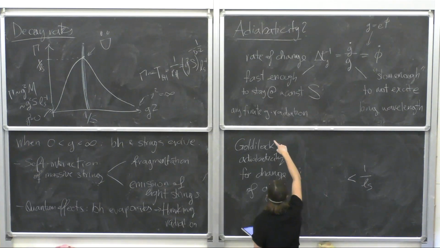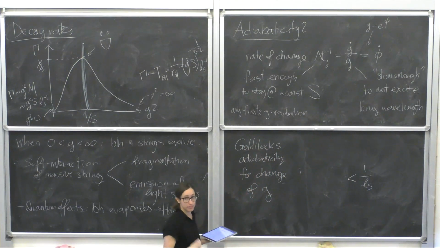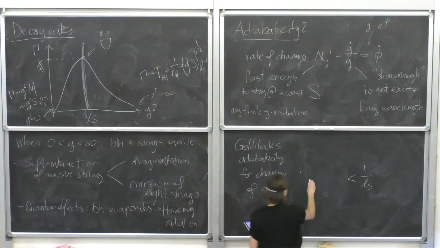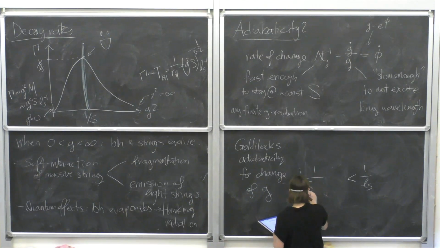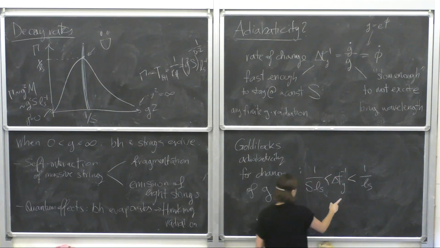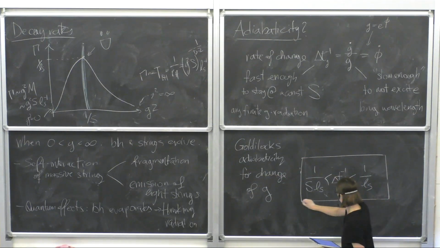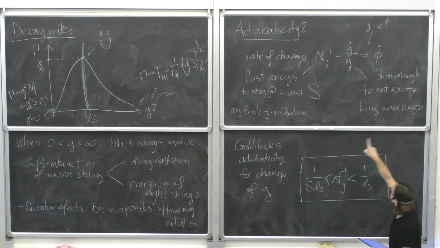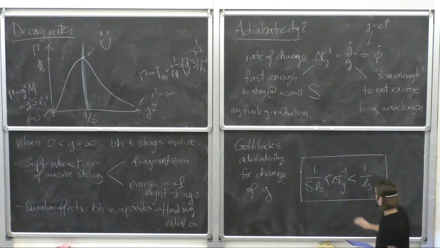And on the other hand, this bound is about not changing the entropy too much, so it has to do with the combination of the entropy and the string length. So this is the bound. The rate of change has to lie within this window. And these two bounds come from these two considerations.